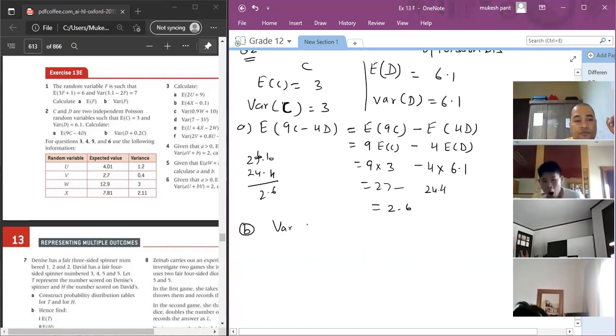Now we have to find part B, the variance of D plus 0.2C. This means the variance of D plus the variance of 0.2C.